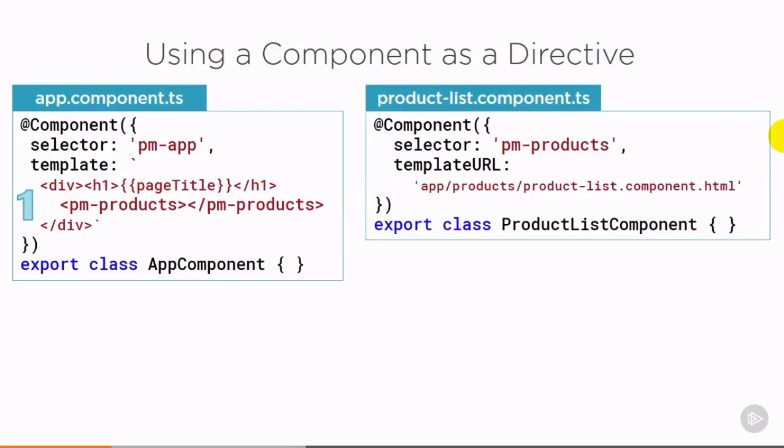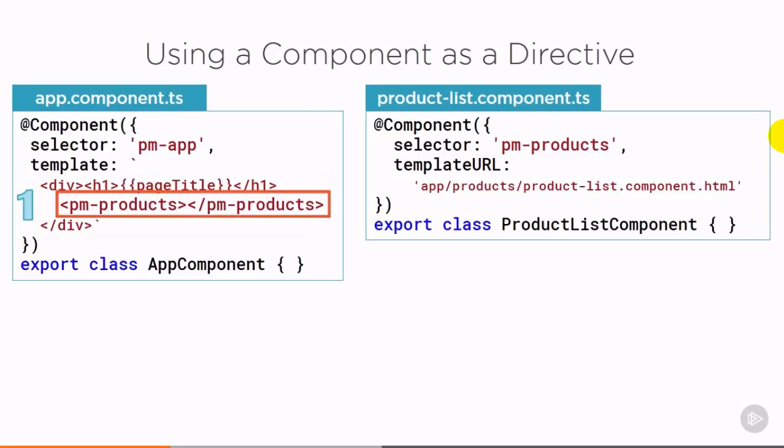So this is the first step when using a component as a directive. Use the name defined in this selector as an HTML tag in another component's template. When this template is displayed, Angular looks for a component that has a selector with this name. We could have hundreds of components in our application. How does our application know where to look for this selector?